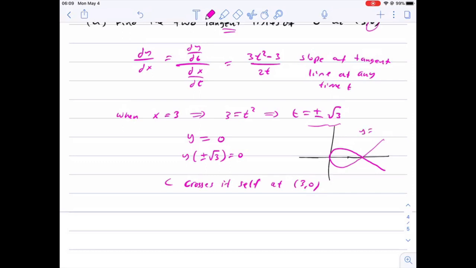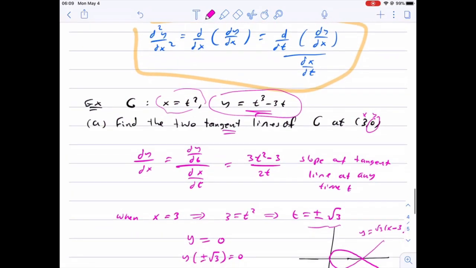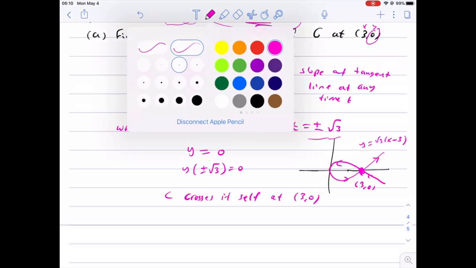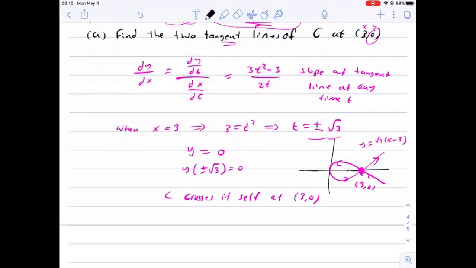It can be written as y equals square root 3 times x minus 3, if we write y in terms of x, I mean finding t and plugging t that's written in terms of x here. So the graph looks like this, and the orientation is this way. And at the point (3, 0), we have two tangent lines, this one and this one.